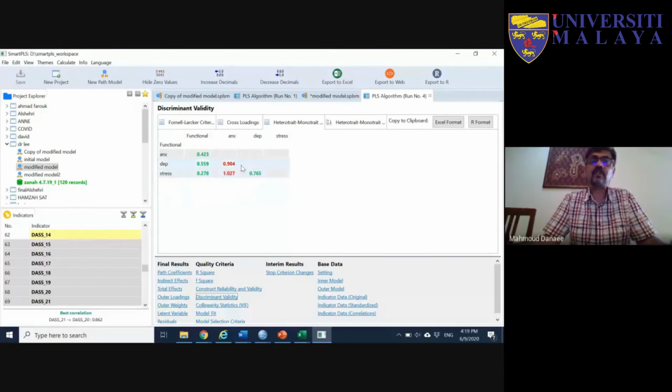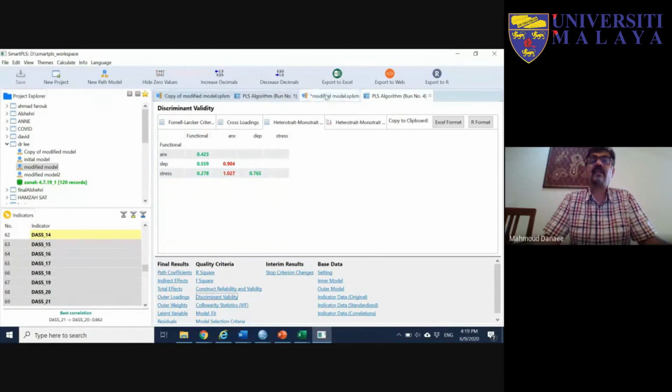The cutoff point for the HTMT correlation, this HTMT ratio, is 0.85, and they are all more than 0.85.